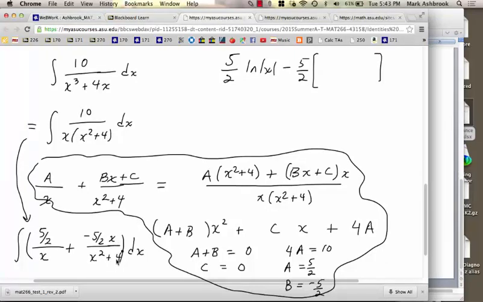Undoing chain, we're going to have x squared plus 4 to the negative 1, so it'll be 1/2 ln of x squared plus 4. And we've got the negative 5 halves I pulled out, and then all this right here is our 1/2 ln of x squared plus 4.